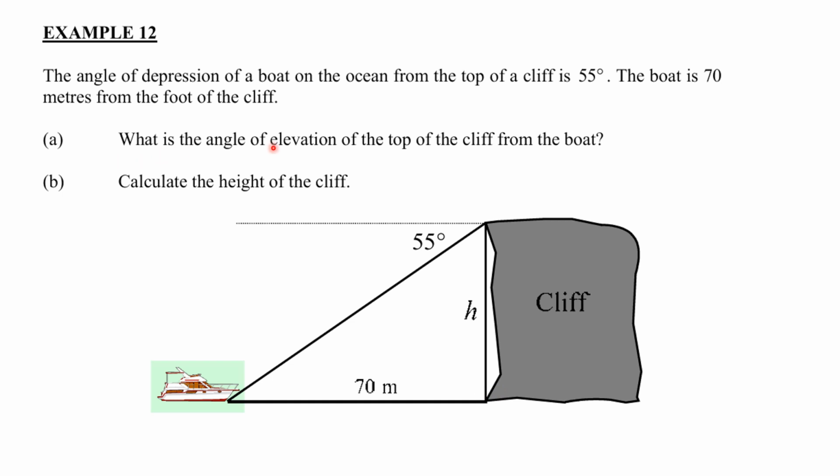The first question is, what is the angle of elevation of the top of the cliff from the boat? So what is the elevated angle between the cliff and the boat, which is over there? Then the next question is, what is the height h of this cliff?